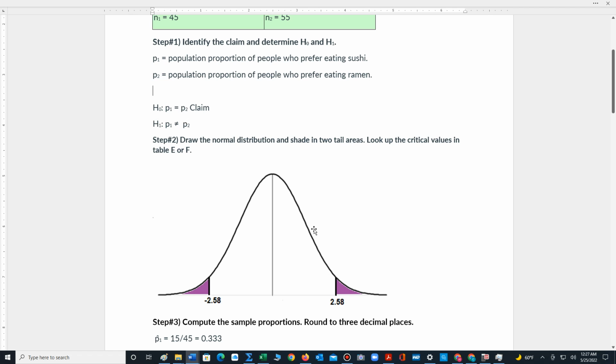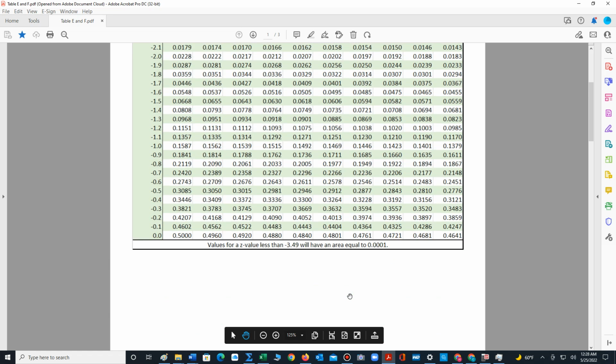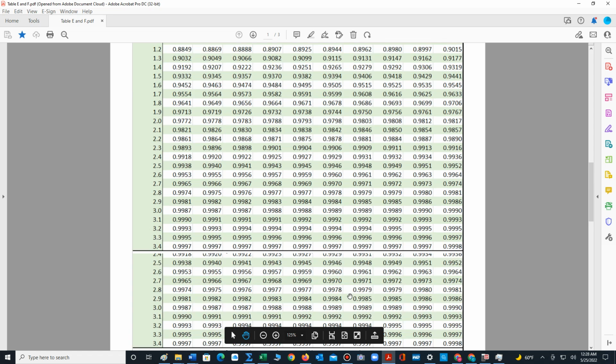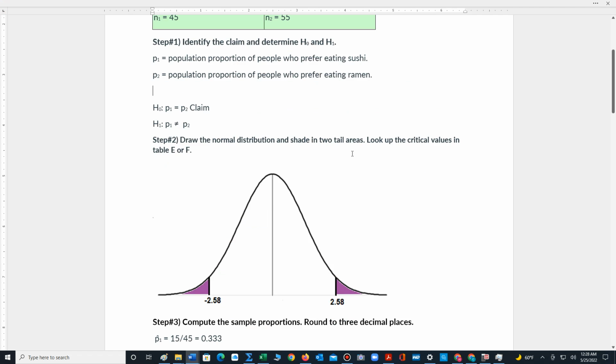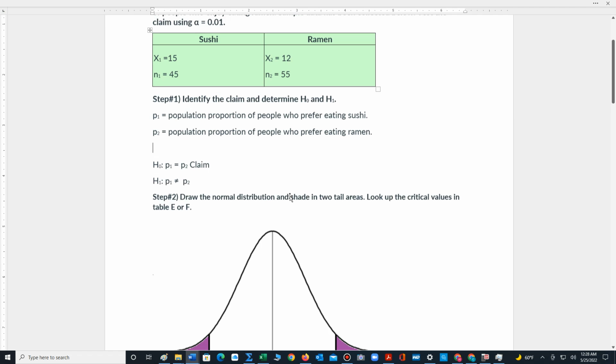We draw the normal distribution. Since H sub 1 has a not equal to sign, it's a two-tailed test. We then look up the critical values in table E or F. In this case, we'll use table F. So let me just refresh the memory: alpha is 0.01.